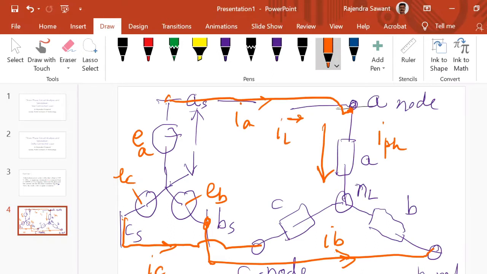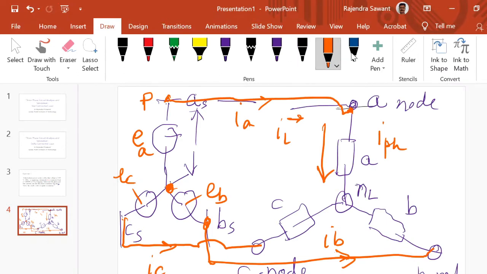So IL and IPH are the same by way of topology. But look at the voltages. So this voltage between the phase terminal and the neutral is called the phase to neutral voltage. Phase to neutral voltages are VAN, VBN, VCN. So these are the phase to neutral voltages.